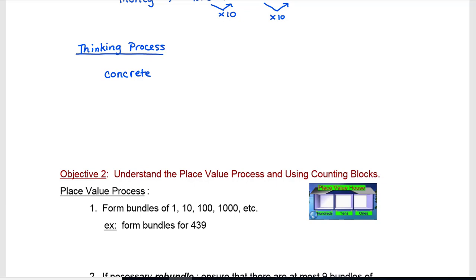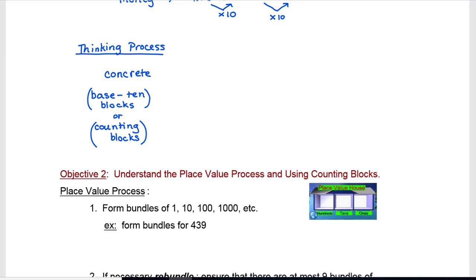In this case, it's going to be base 10 blocks, and we're going to do a little work with base 10 blocks in class. Your book will call it counting blocks. So you're going to get students playing with these things.